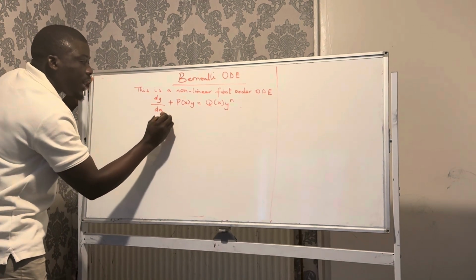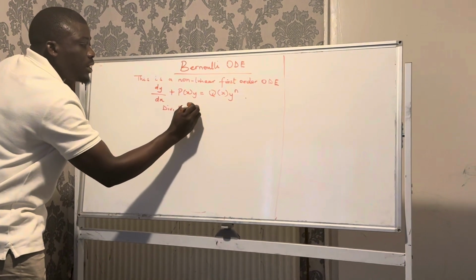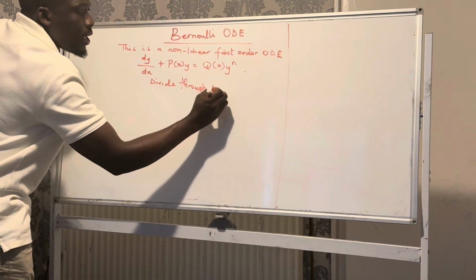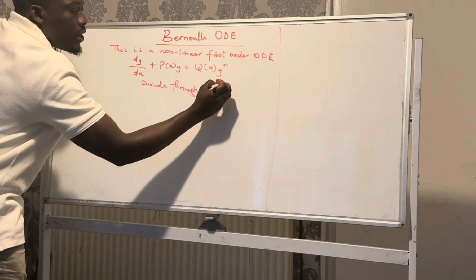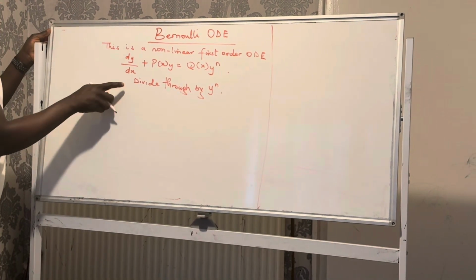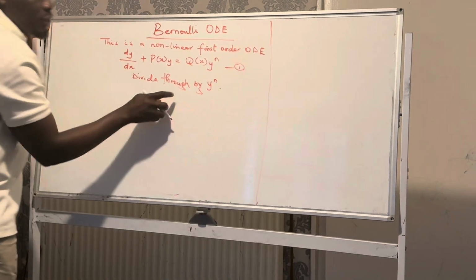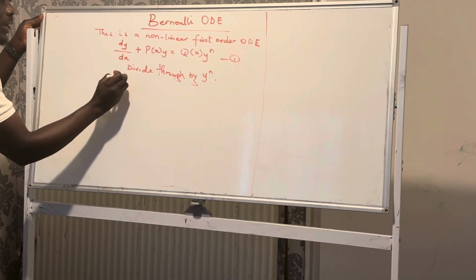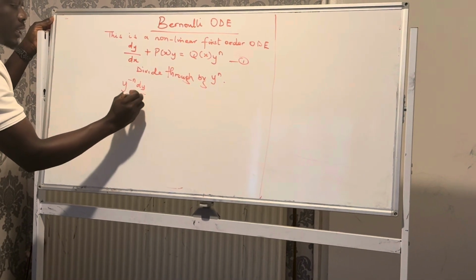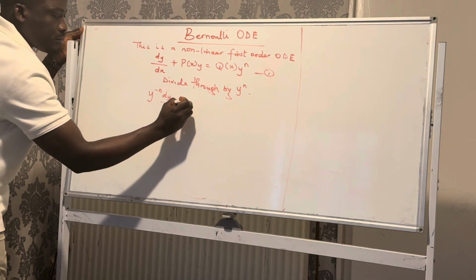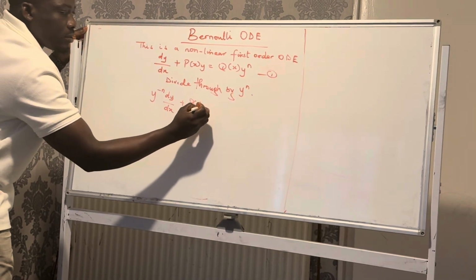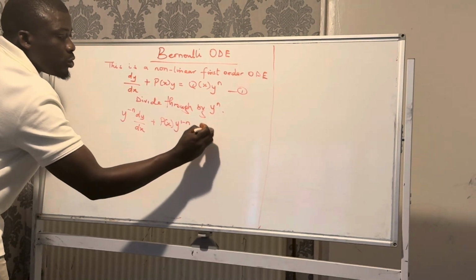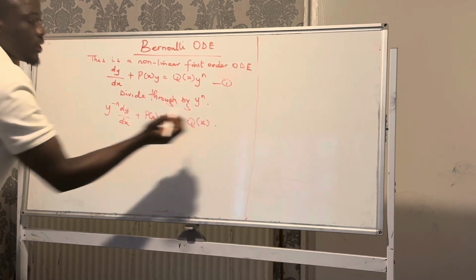Now, let's divide through by y raised to power n. Let me call this equation 1. If you divide through by y raised to power n, we are going to have y raised to power minus n, our dy/dx, plus p of x times y raised to power 1 minus n to be equal to q of x.